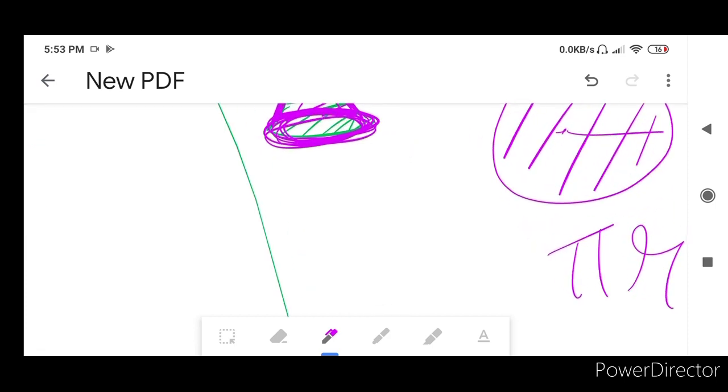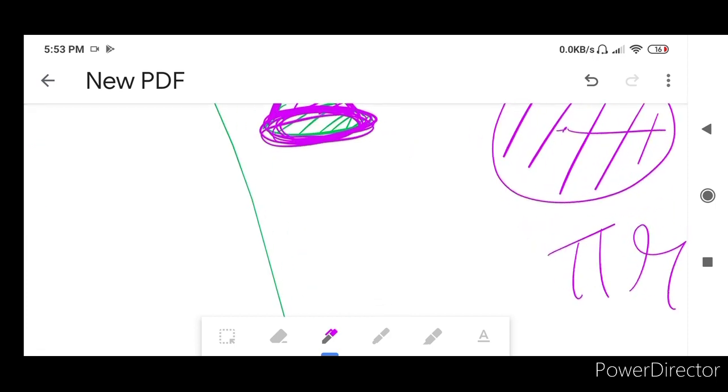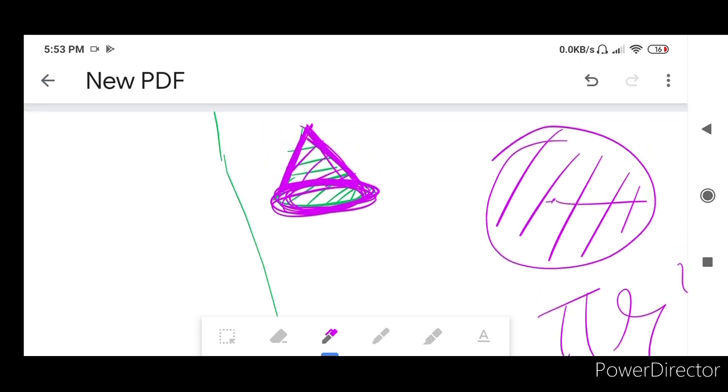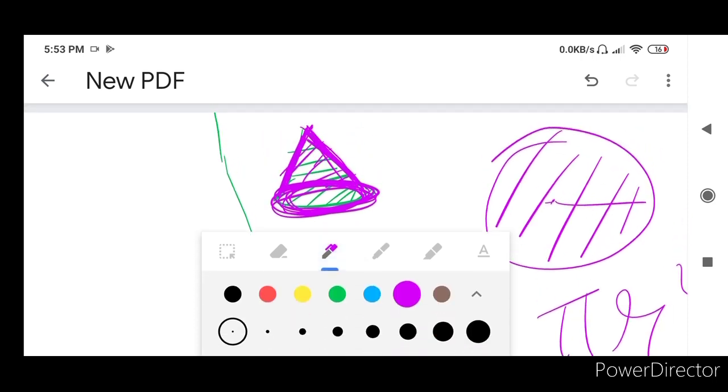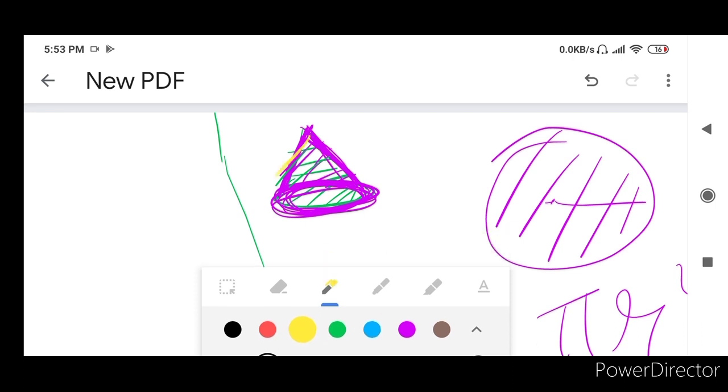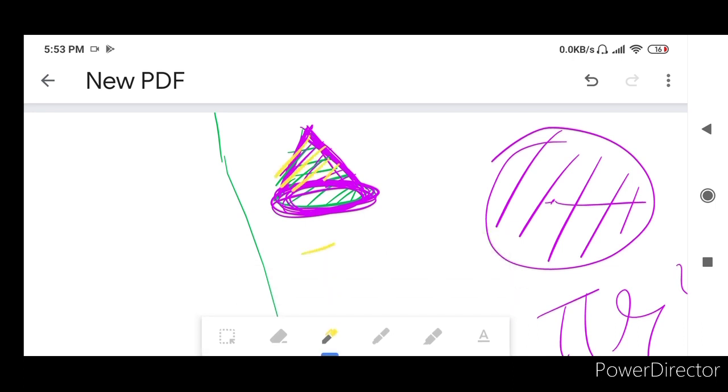सो इसका कोई सेंटर होगा, सो इसका जो एरिया होगा वो क्या हो जाएगा, पाई आर स्क्वायर. ओके, एंड इस कोन का जो लेटरल सरफेस एरिया होगा वो क्या हो जाएगा? दिस विल बी पाई आर एल, क्लियर.